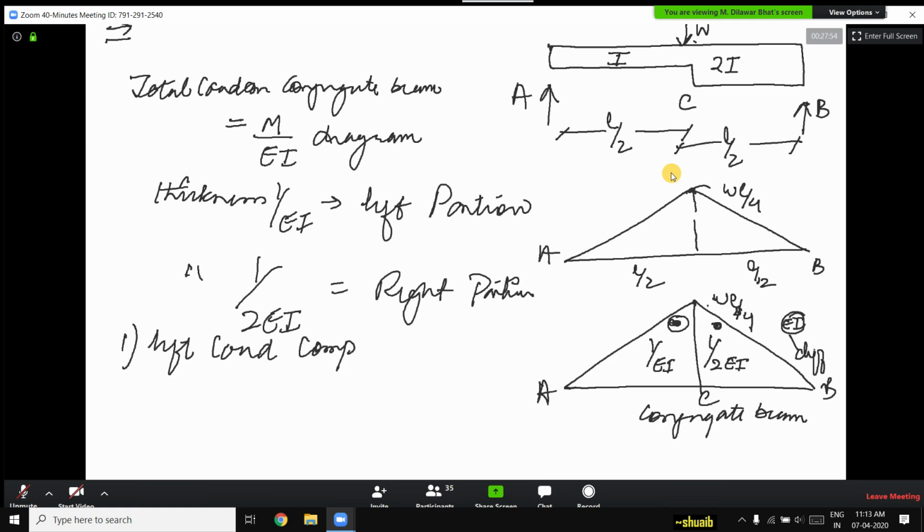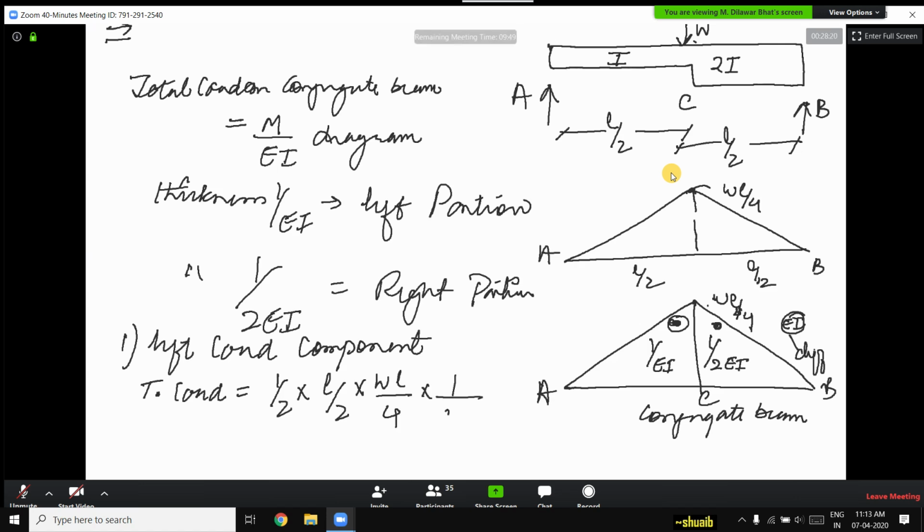Therefore, in order to calculate the total load first on the left portion, what will be your total load? Simple. It will be half of base, which is L by 2, into WL by 4 multiplied by 1 by EI. That is the thickness portion.